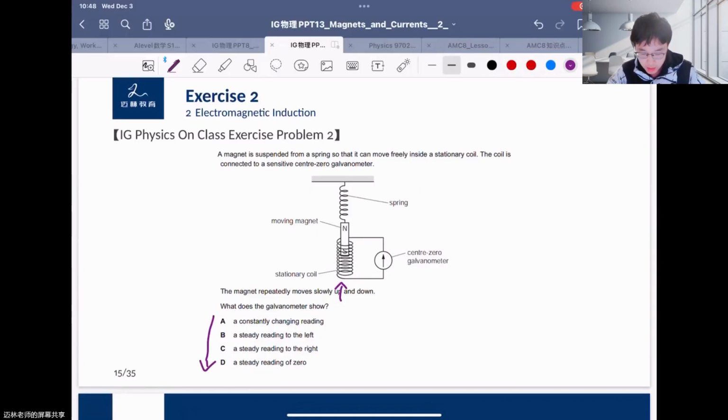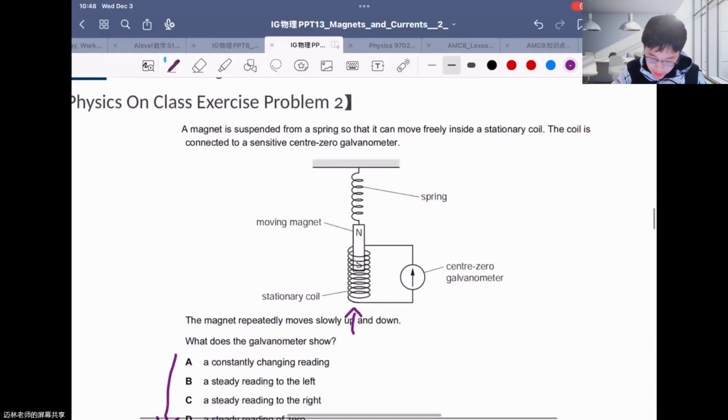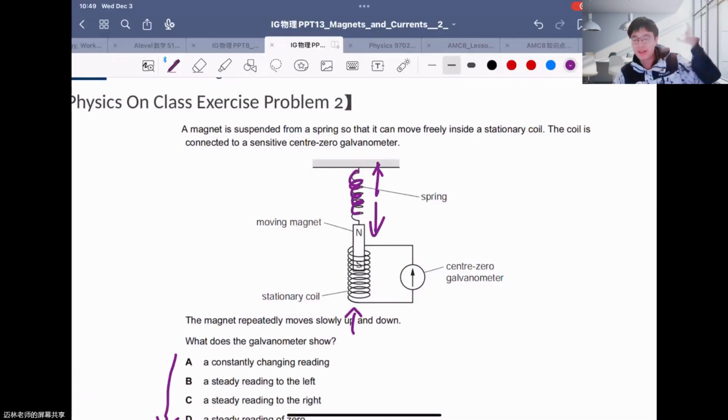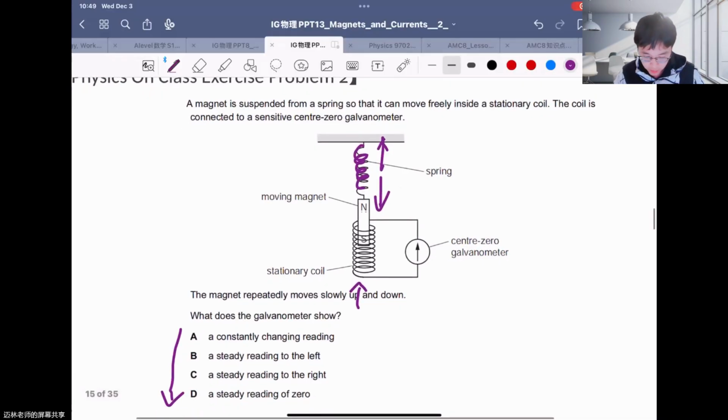Right here you can find the spring has an elastic force on it, so the magnet will be moving downward and upward, swinging in the center. Sometimes you're moving closer to me, right? So based on Fleming's rule or Lenz's law, if you're coming close to me, I have to refuse you.